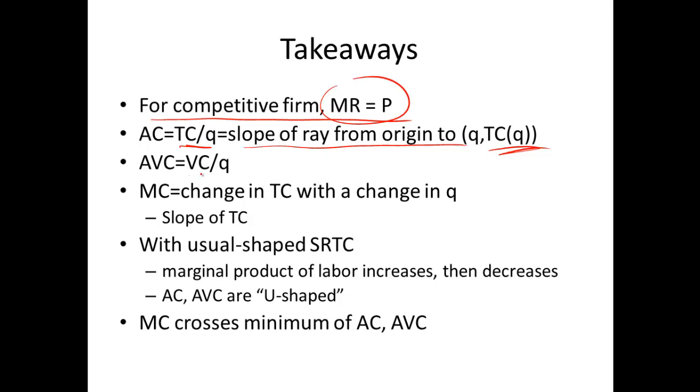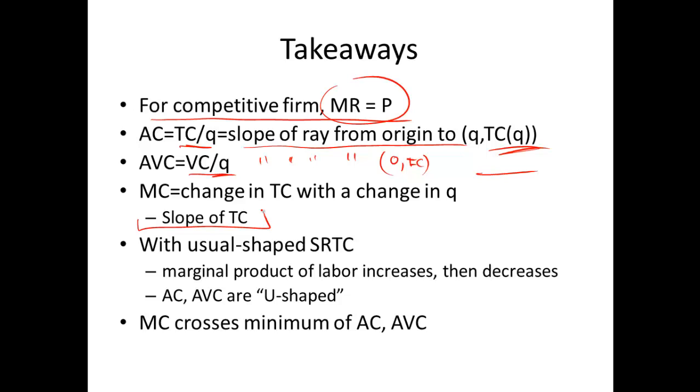AVC equals variable cost per unit of output, and we could say it's the slope of a ray from the 0 FC to any point along the total cost curve. MC equals the change in TC with a change in Q, and it's the slope of the TC curve itself.